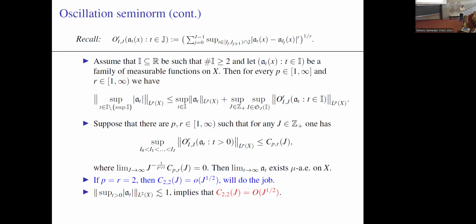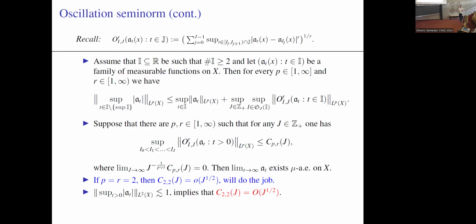We may think that A_t is some averaging operator, which is defined on some abstract space X. And then we take the supremum over all possible choices of this sequence I, and also the supremum over the length of this sequence. Okay, so that's how the oscillation seminorm looks in practice.